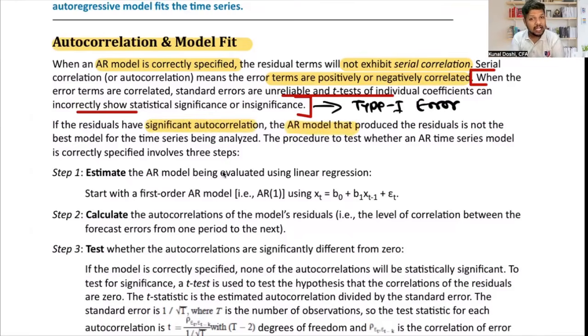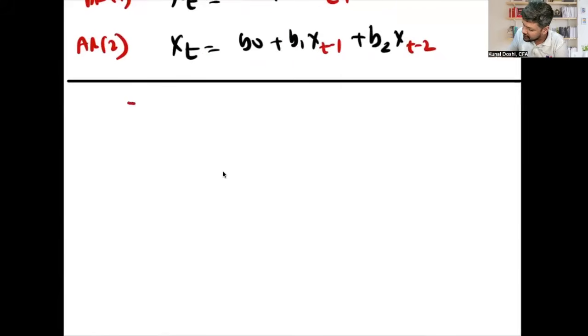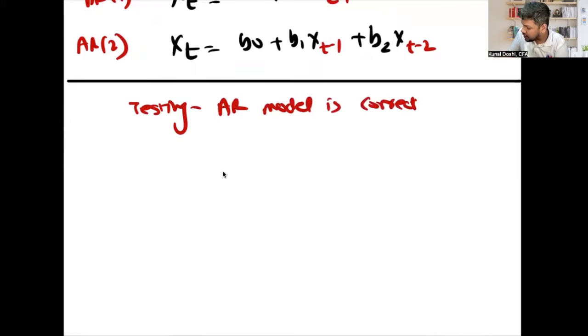We already know that. So how to test whether the AR time series model is correctly specified? There are three steps for that. So we are testing whether the AR model is correctly specified or not.